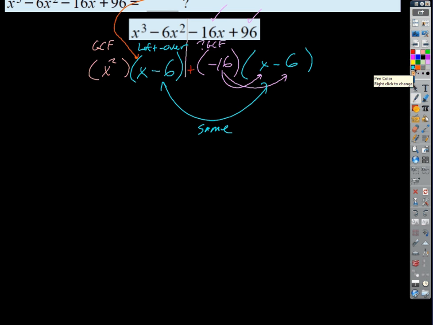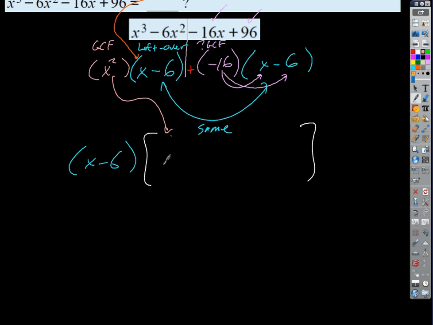So then we could just undistribute from each of the two groups. We could undistribute the x minus 6, and what's going to be left behind if we do that? What's left over from the first group if I undistribute the leftover? Oh good, I'm going to get my x squared from group 1, and then I've got plus whatever I get from group 2.